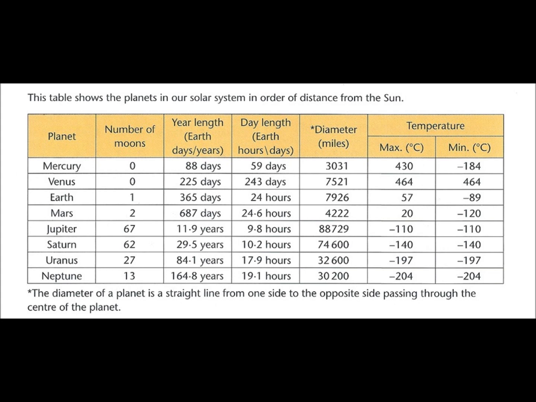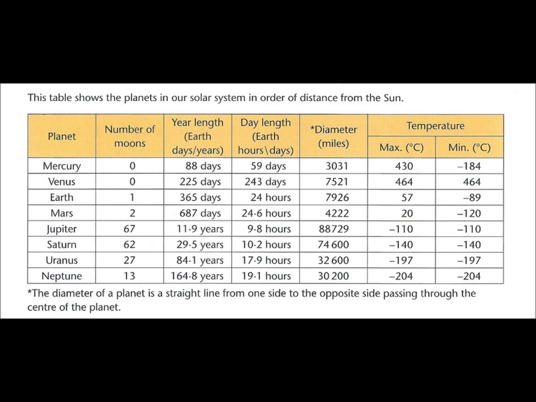So let's look at some of the different questions that you might be asked. For example, if we were asked to name the planets which are moonless, in other words, the planets which have no moons, we need first of all to make sure we are looking at the number of moons column.